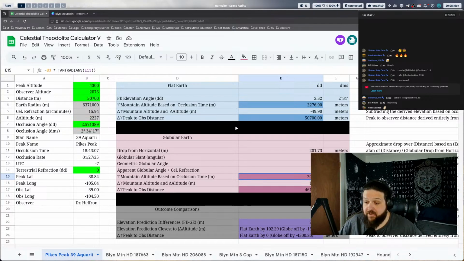And we're going to compete with what the globe predicts without first giving our location to the globe. That's the real power of the system: using trig based off of the occlusion timing and the peak elevation, we can backwards derive what the distance would be.